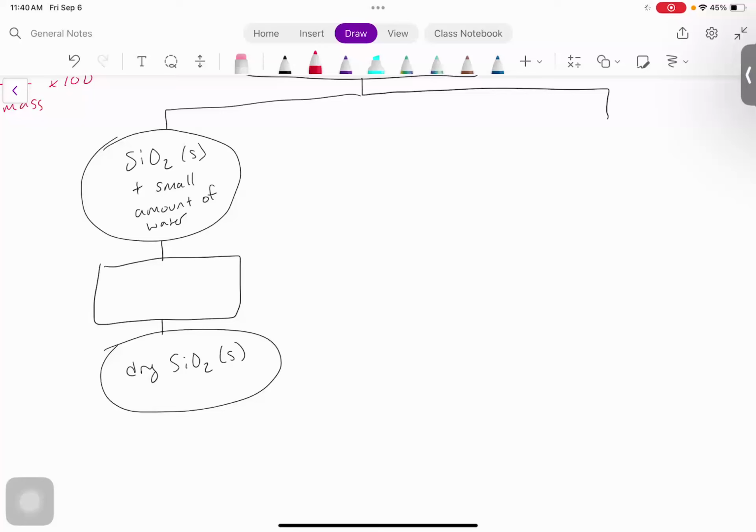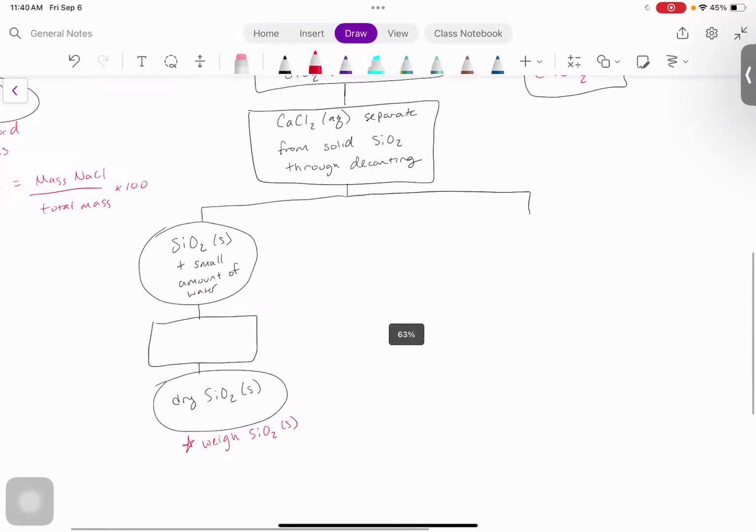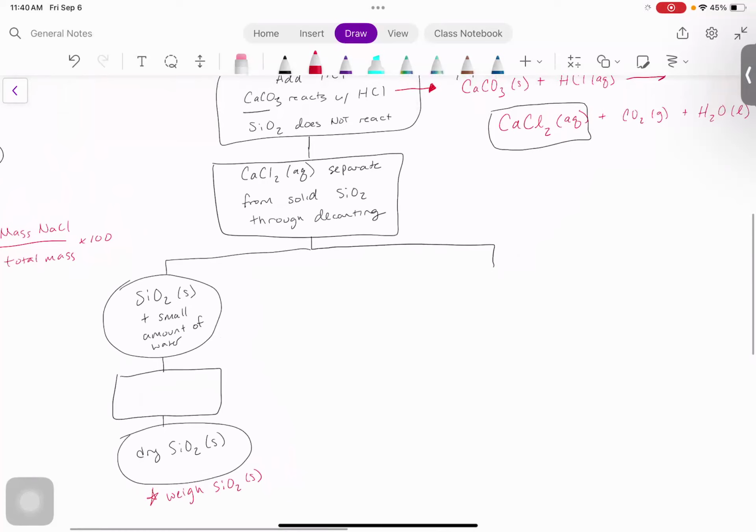So after we're able to remove that water from the silicon dioxide, now we are going to weigh the silicon dioxide that's solid and record the mass. So once we have the dry silicon dioxide, we're recording that mass, and we are done with 2 of the components of our mixture.